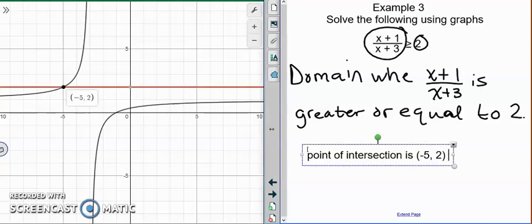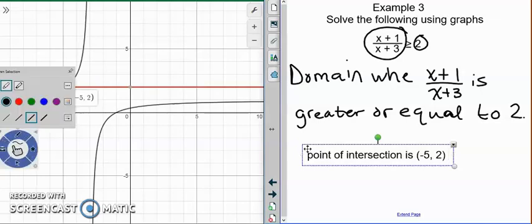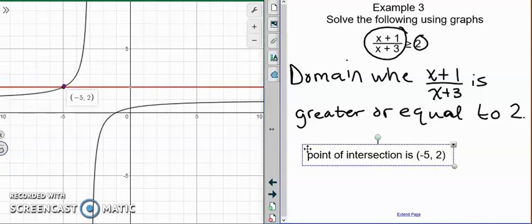Again, we're talking about our domain, so we're talking about the x values. So we know we're going to start at -5, and that's going to be part of our answer. We're talking about stuff that is greater than or equal to 2, so the only part of this function that qualifies is from this point and up this way.